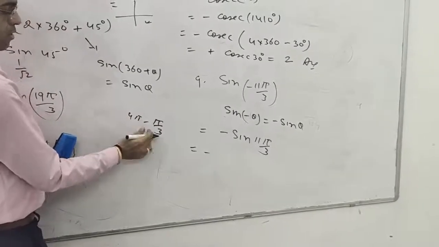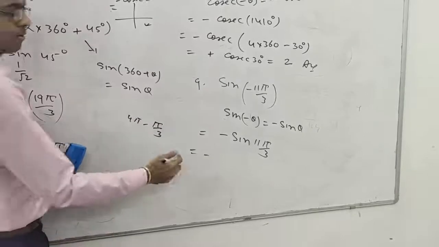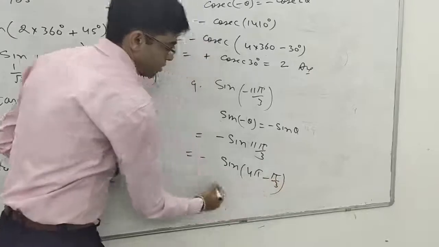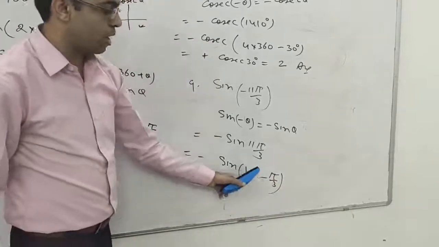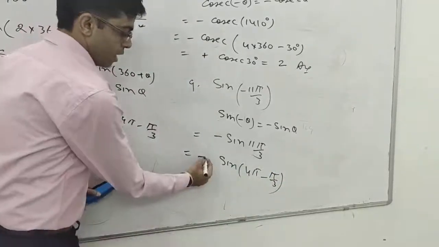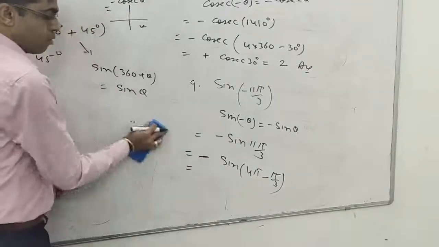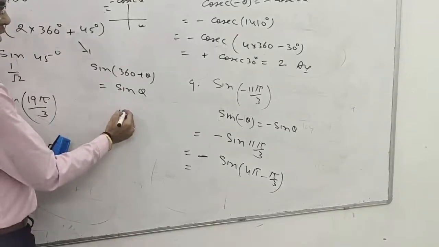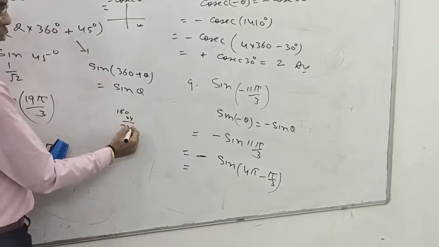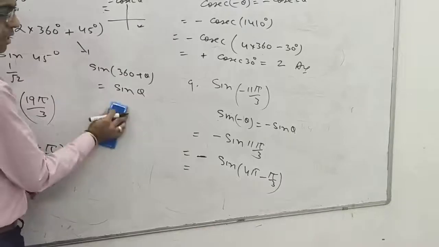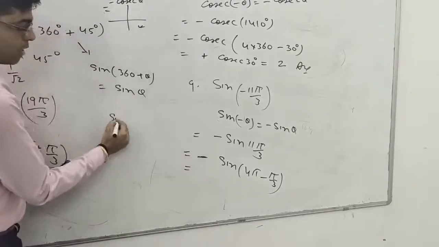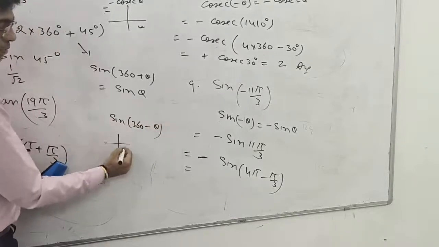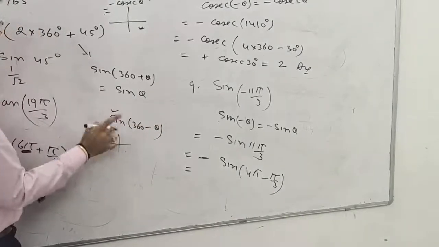So you can take 4 here: 12 minus 1 is 11. 4 pi minus pi by 3. Check this. 4 3 is 12. 12 minus 1 is 11. Okay, and here is minus. So this 4 pi is the multiple of 2 pi. 4 pi is 180 into 4, 720. 360 के मल्टीपल में आता है. So this is basically form 360 minus theta. 360 minus theta means fourth quadrant. Fourth quadrant में sine is negative.